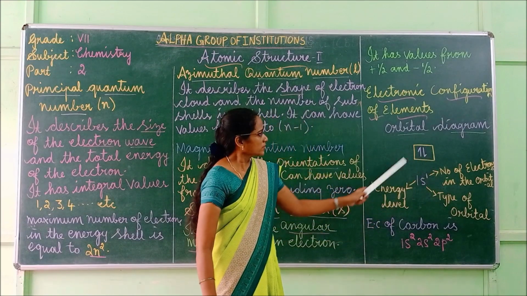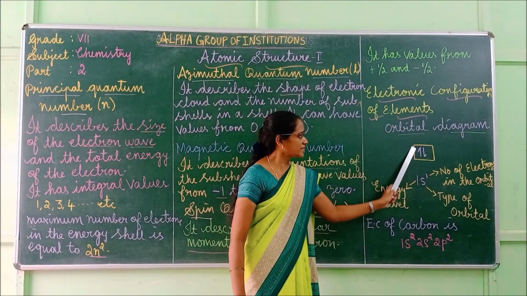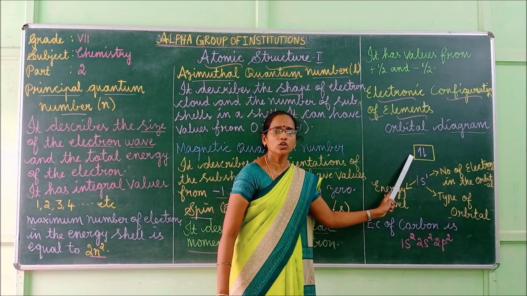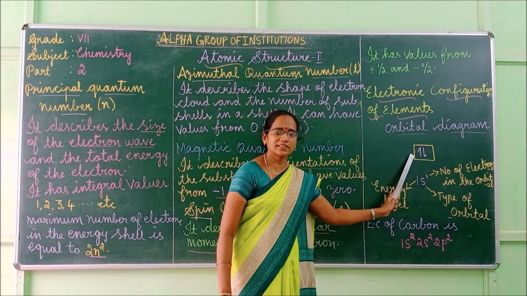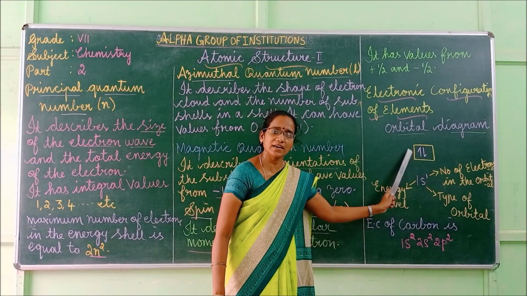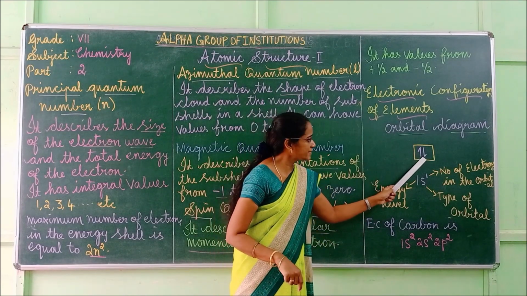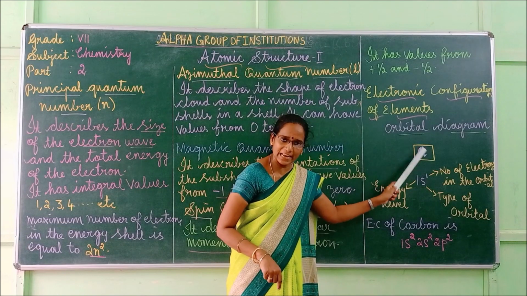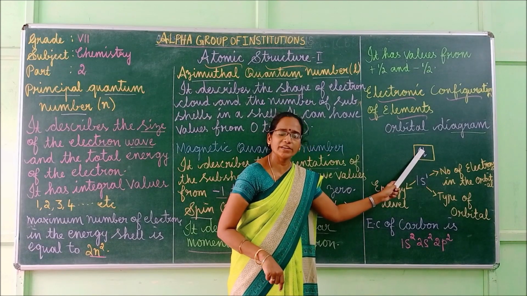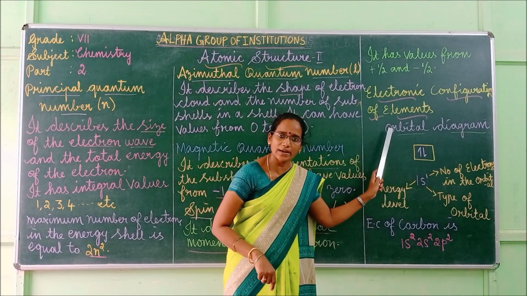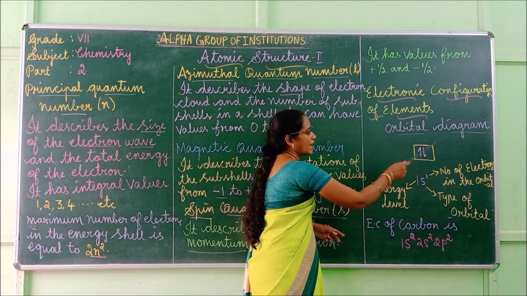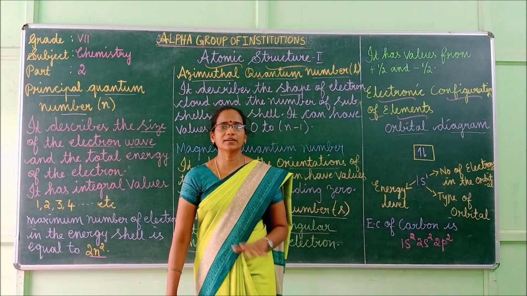So in the orbital diagram, the square shape mentions the orbital, and inside the square these two arrows mention the electrons. The upward arrow spins in one direction, whereas the downward arrow spins in another direction.